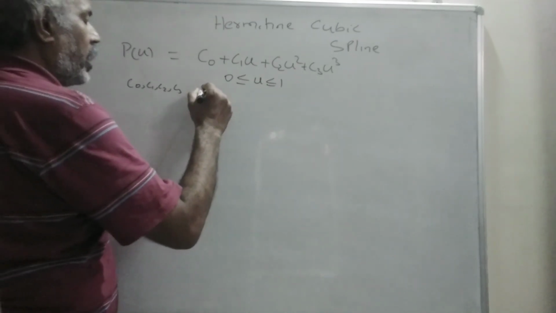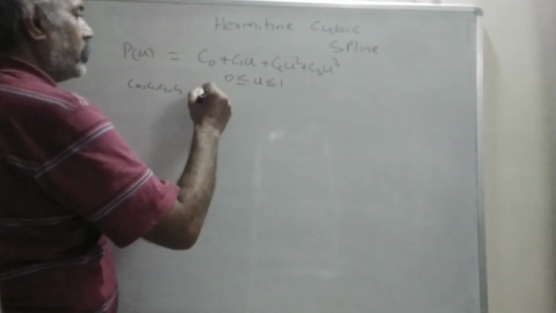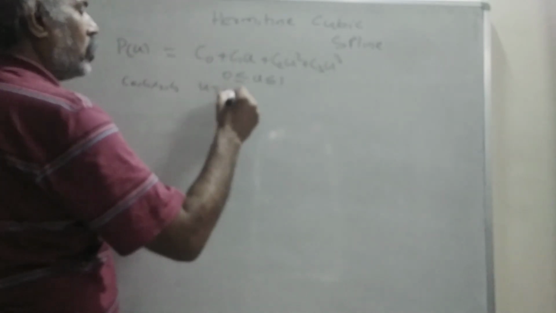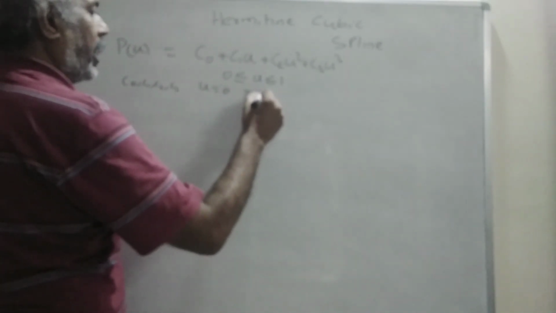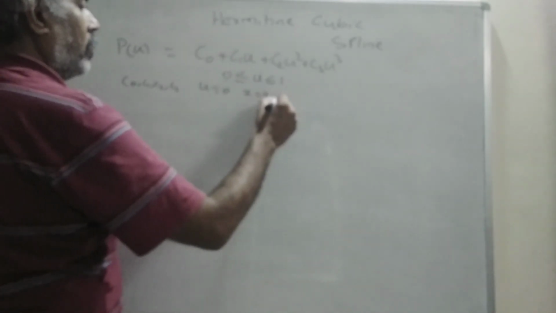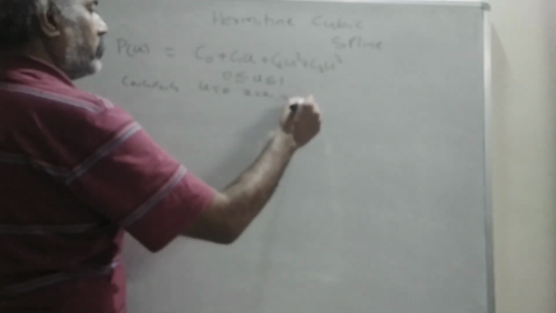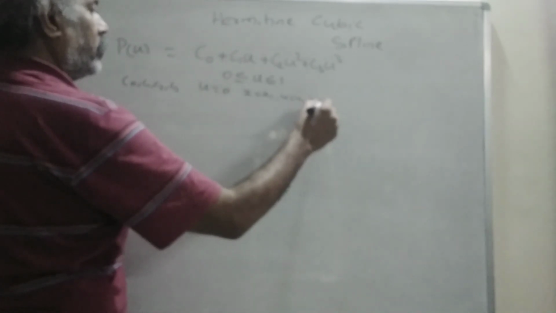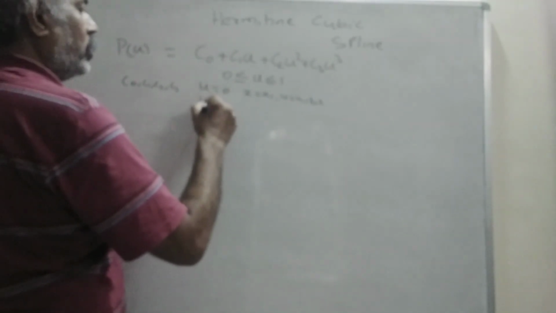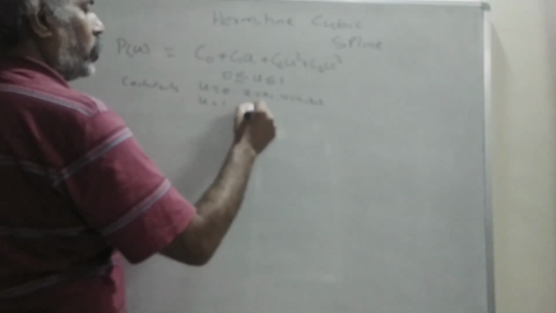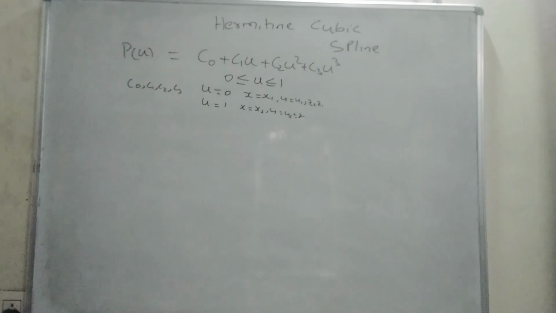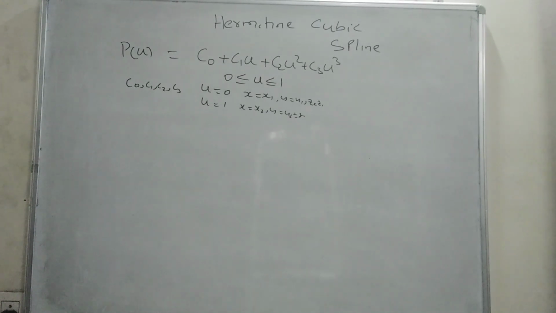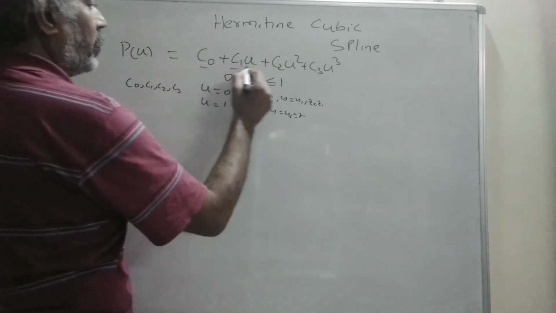Given 2 points, at u is equal to 0, x is equal to x1, y is equal to y1, z is equal to z1. At u is equal to 1, x is equal to x2, y is equal to y2, z is equal to z2. So depending upon these two boundary conditions, we determine the values of C0, C1, C2, C3.